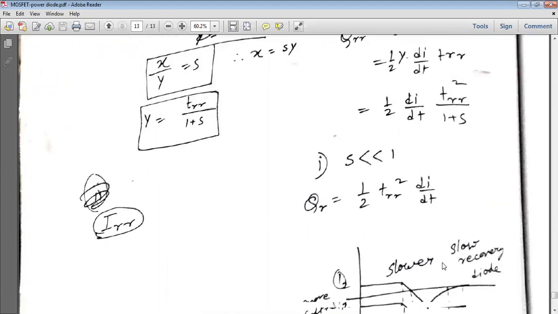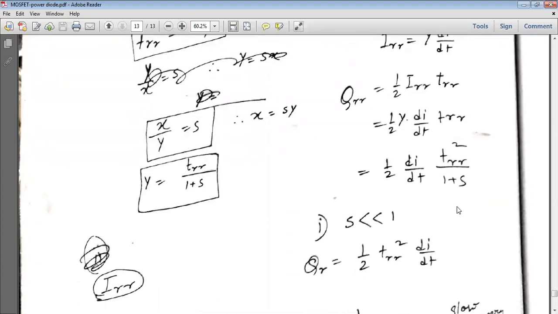According to that value, the switches may be slower or faster. IRR is generally mentioned by the manufacturer.